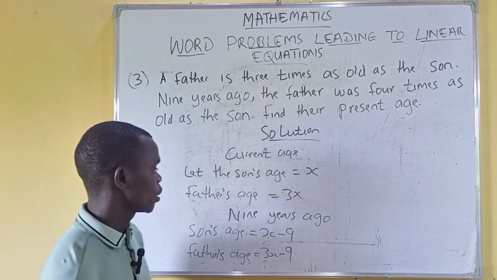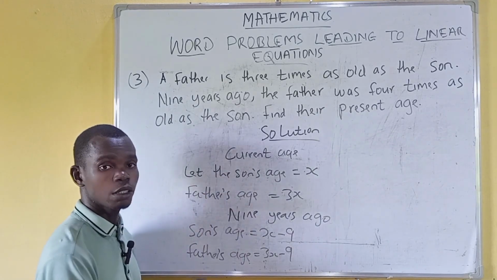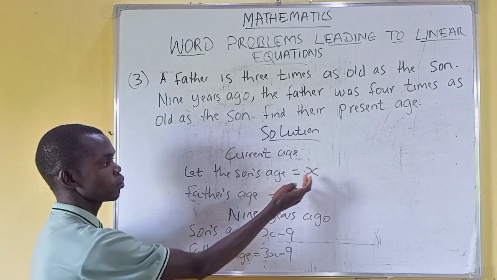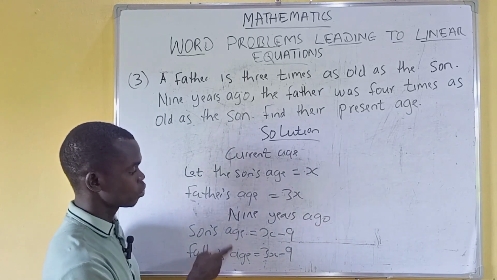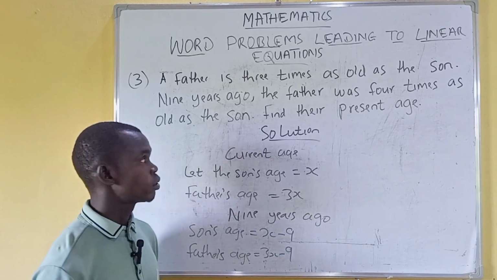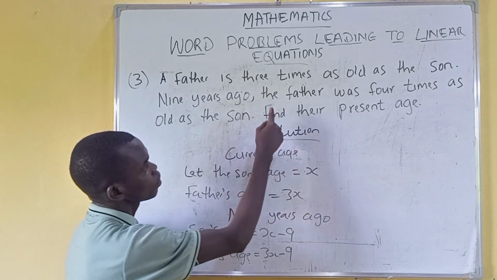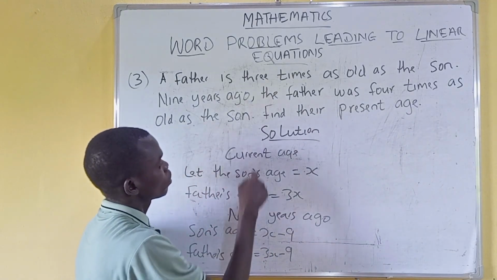So from here, this is our second rule. Say that we should change each statement in the question to a statement containing the letter we have chosen, which is the S. So the third rule will link up these two equations. So from the statement, say 9 years ago, the father was 4 times as old as the son.